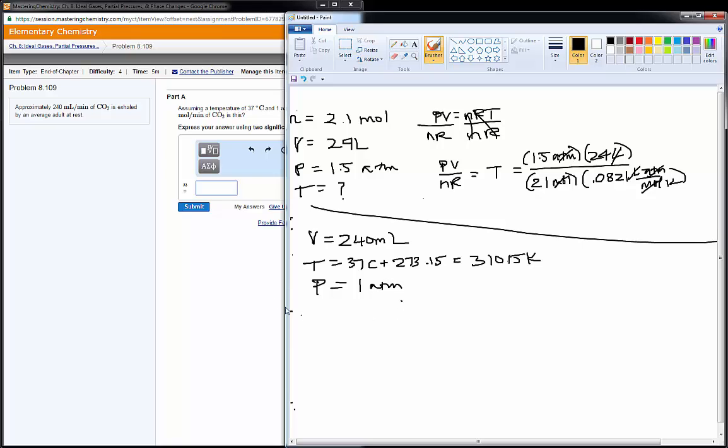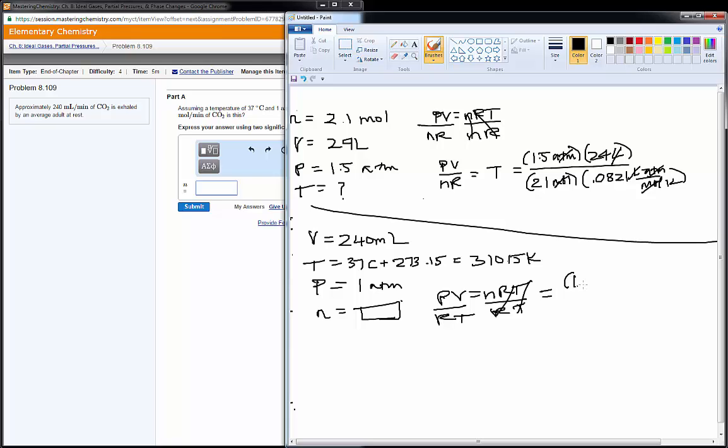And they want to know moles per minute. Since this is the amount of volume in 1 minute, I can calculate directly for the number of moles that have been exhaled in that same amount of time, and that will give me moles per minute. So if PV equals nRT, solve for moles, I'm going to divide both sides by R and divide both sides by T, and N equals PV over RT.